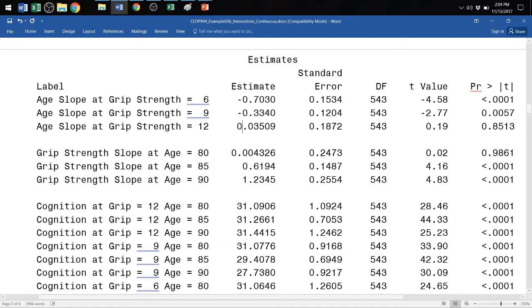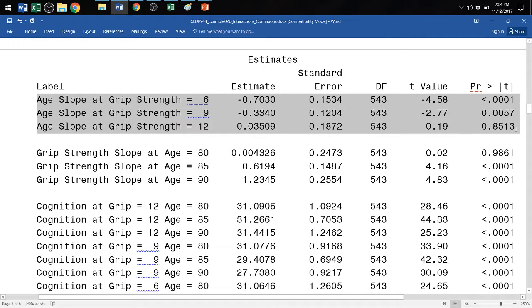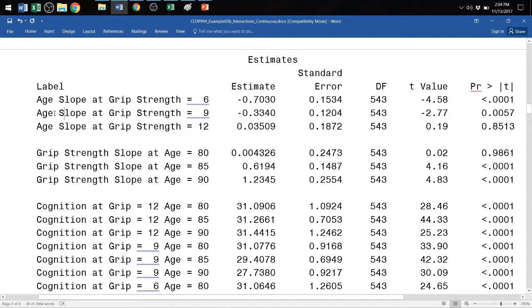Let's look at these three numbers right here. So, does age matter if I have 9 pounds of grip strength? Yes, this is my age slope. For that kind of person, it is significantly negative. Does age matter if I have 12 pounds of grip strength? No. So at what point is age nothing but a number? Somewhere in the middle, right? Somewhere between 9 and 12, age doesn't matter anymore.